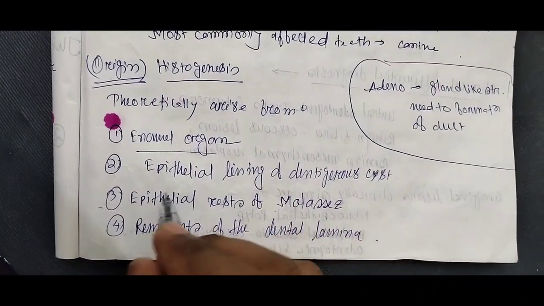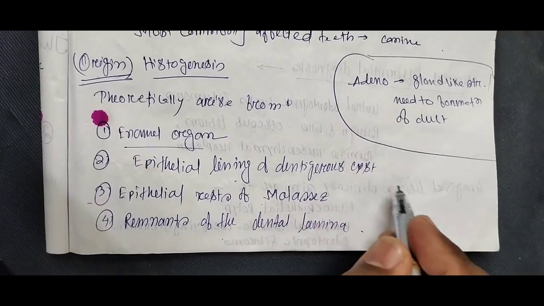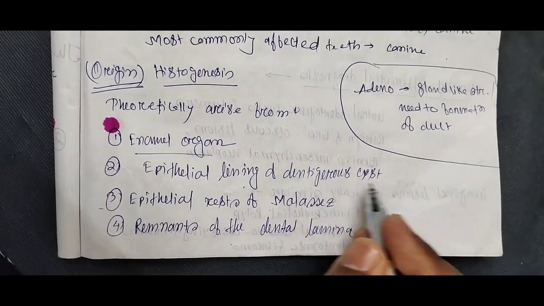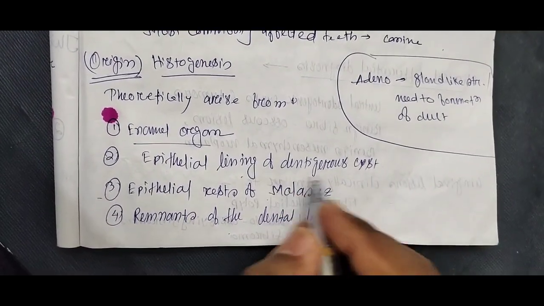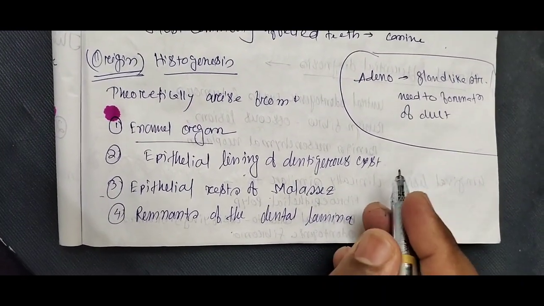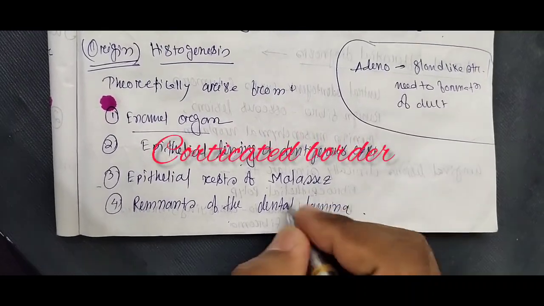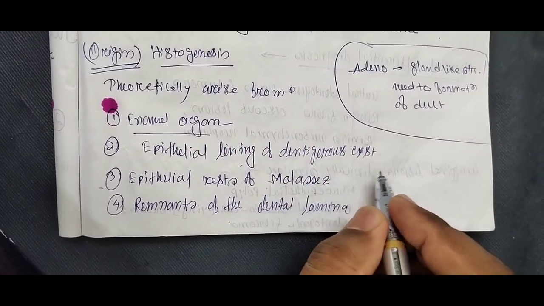This tumor also arises from the epithelial lining of the dentigerous cyst, so it may be confused with the dentigerous cyst radiographically, because there is a corticated border in both the dentigerous cyst and this tumor.